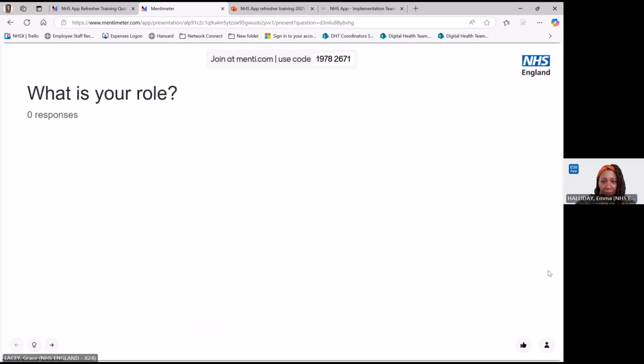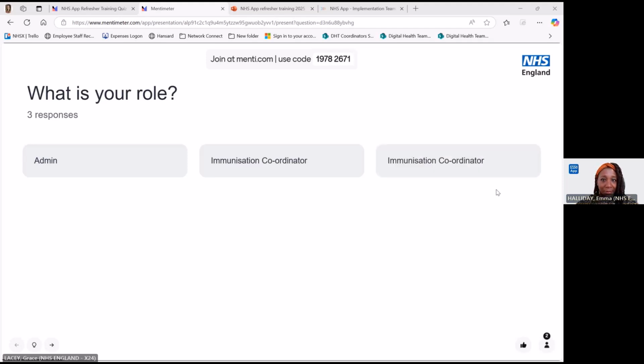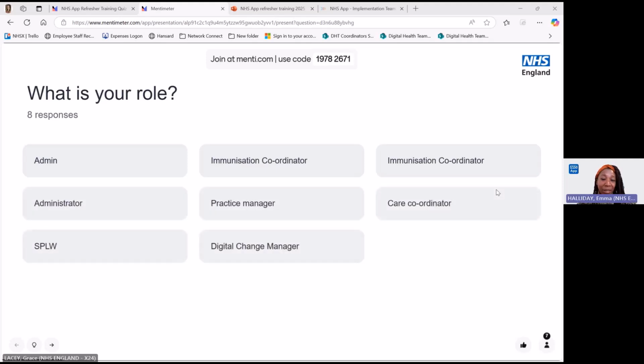Right, okay, I was just being a little bit impatient there. So we've got admin. And if you're struggling with the Mentimeter, you can use the chat function, the Q&A function, and we can get that as well. Immunization coordinator, administrator, practice manager, oh, brilliant.